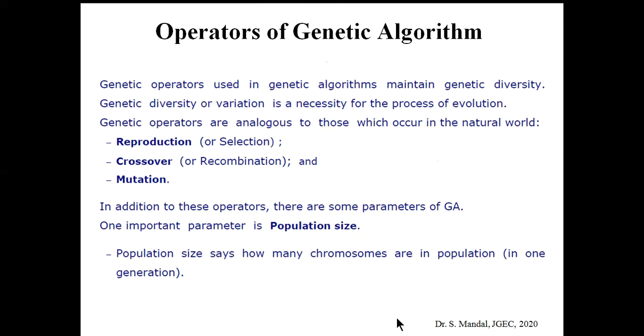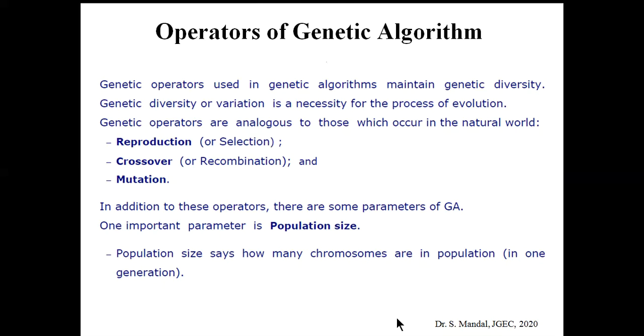Now, as we already said, the three important operators are selection, recombination, mutation. We can call it reproduction. Selection and reproduction are synonymous, and crossover and recombination are also synonymous. Moreover, there are two other parameters you can control during the simulation.